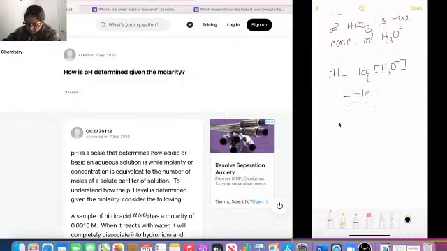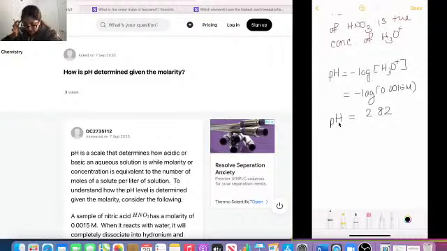So negative log of 0.0015 molarity. When you put this in your calculator, you get a pH of approximately 2.82.